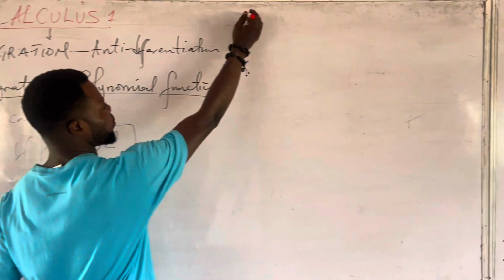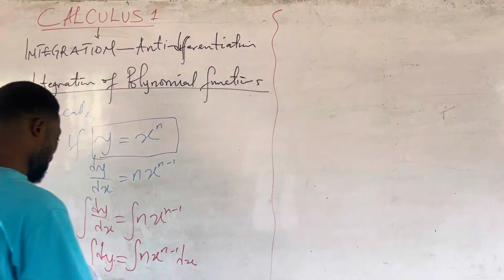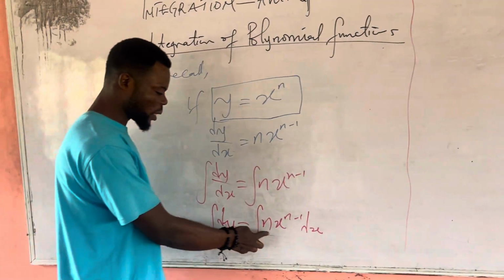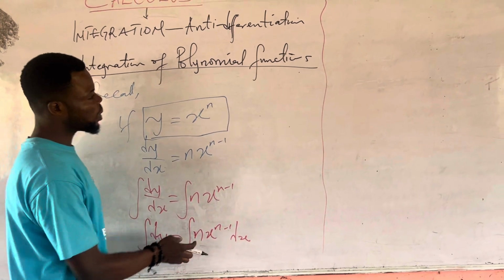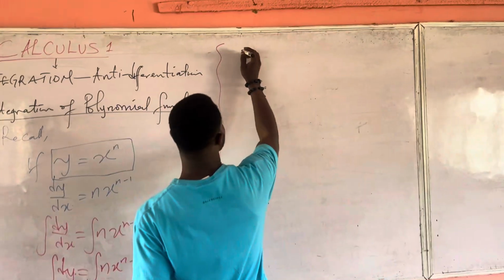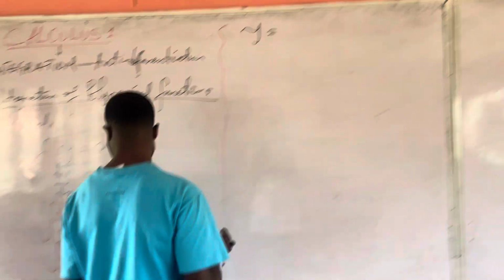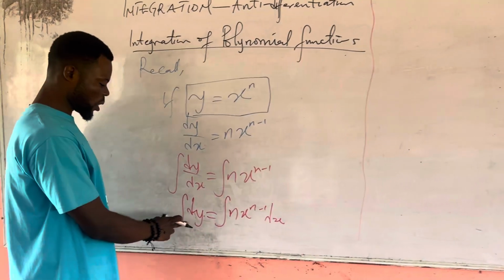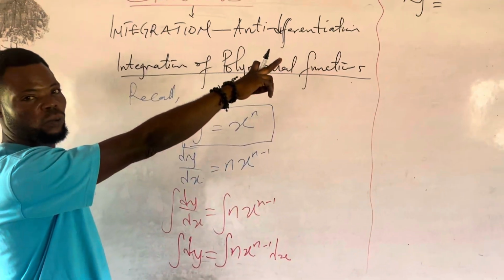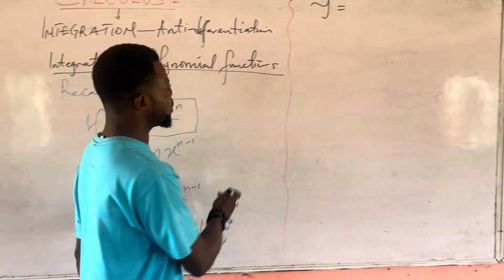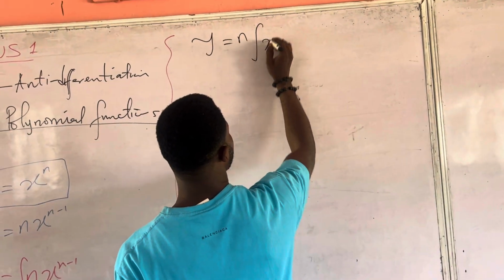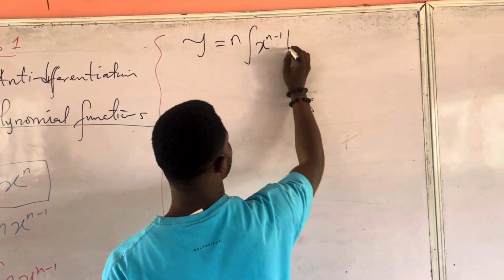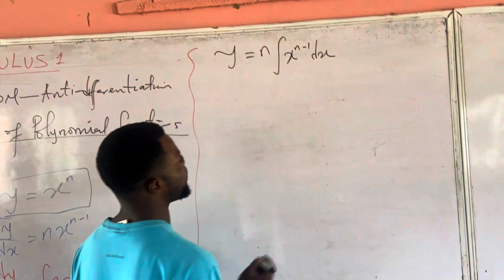So anywhere we have a constant term, we take it outside. So this is a constant term, and we have integrated dy, and that will give us y. So to take this out, we have n integral x^(n-1) dx.